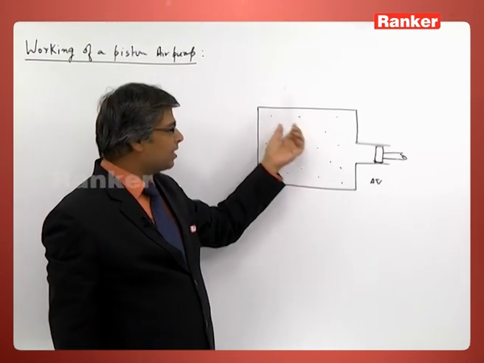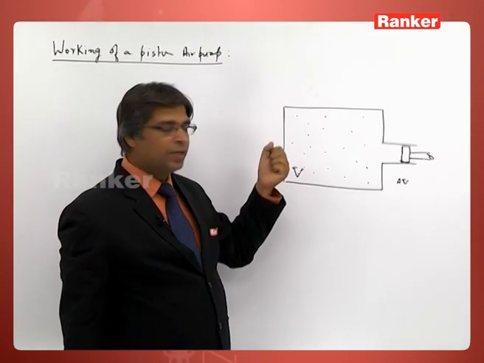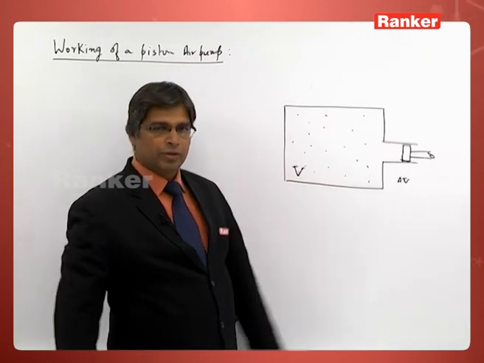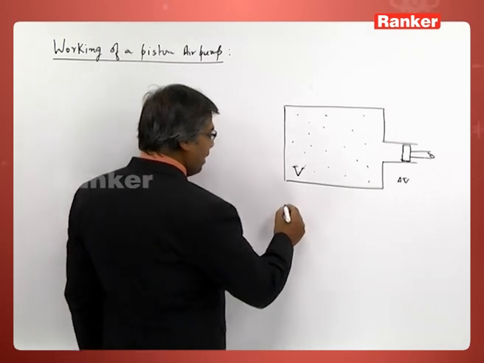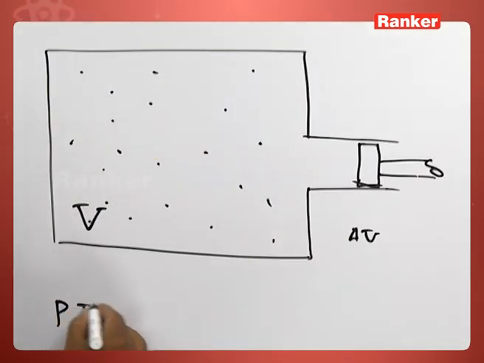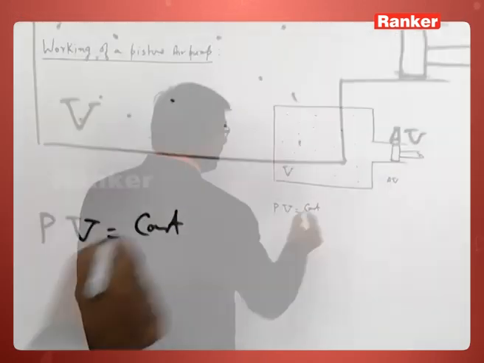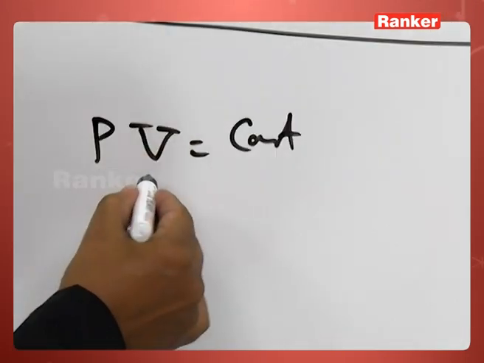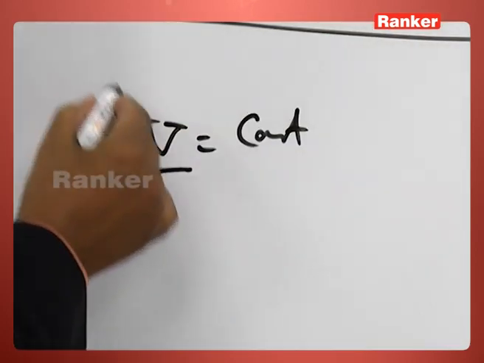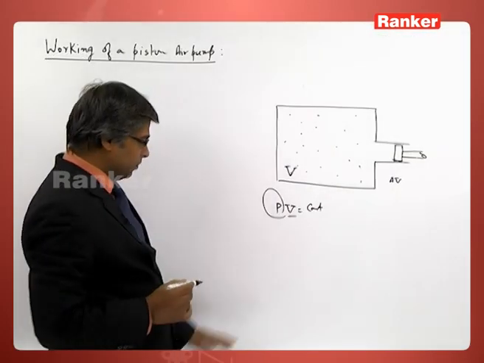Then we have to see how the pressure is going to be reduced after n piston strokes. You may be tempted to think that by applying Boyle's law, PV is equal to constant at isothermal, if the temperature is constant and V is not changing, then the pressure should not change.